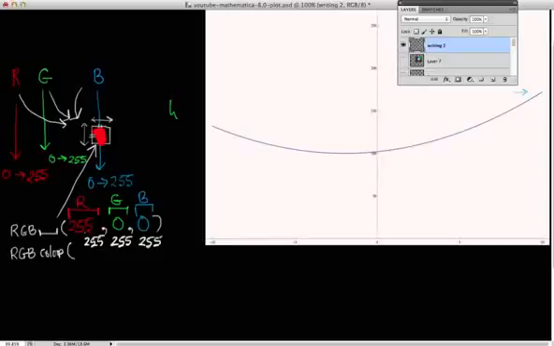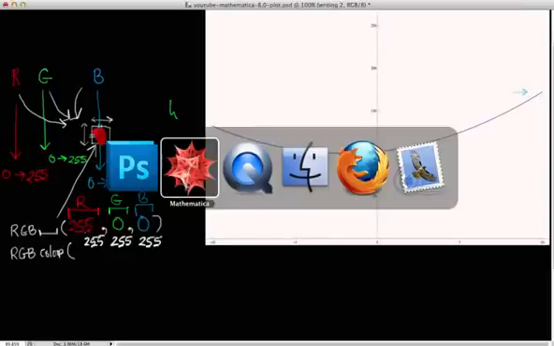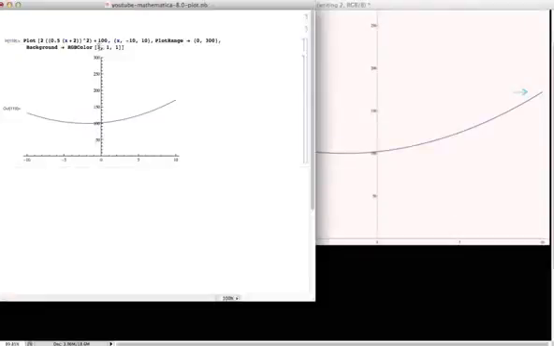Again, if you don't quite know why that's the case, check out my videos on RGBs. That will clarify any possible confusion. In Mathematica, the 255 is represented by 1.